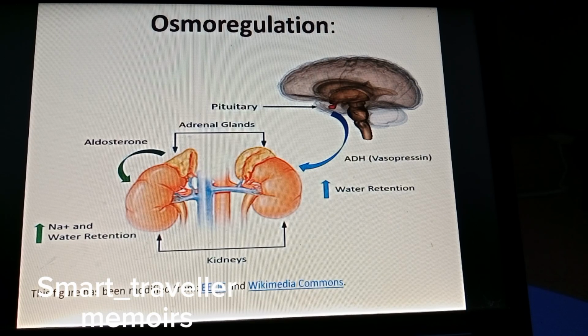Then we have the kidney and renal glands, which secrete aldosterone, leading to sodium and water retention, and then water retention.